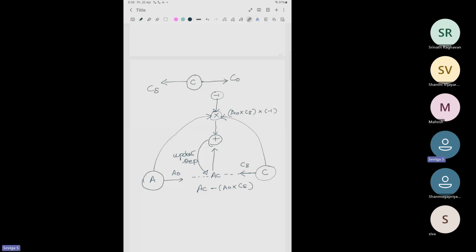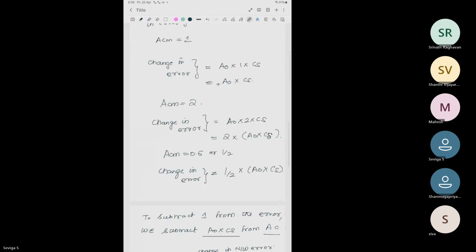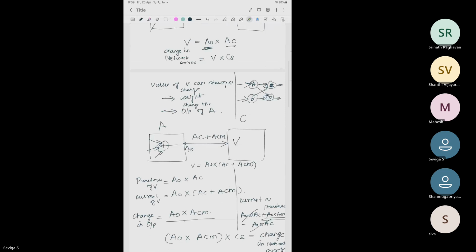This is because the neurons are sharing the same layer, but they do not rely on each other. So here C and D are in the same layer. They are not sharing the output, but the same A is going to D and the same A is going to C. Suppose you change the weight between A and C, this will reduce the error by 1.